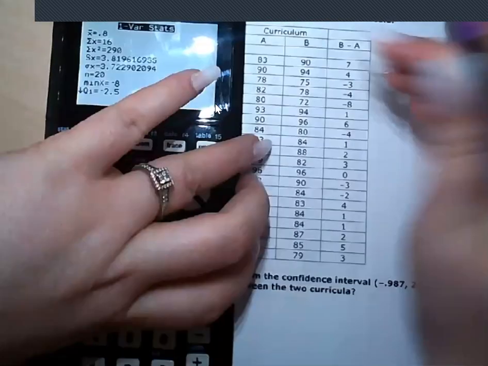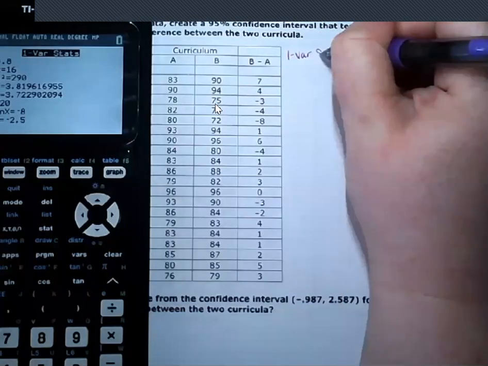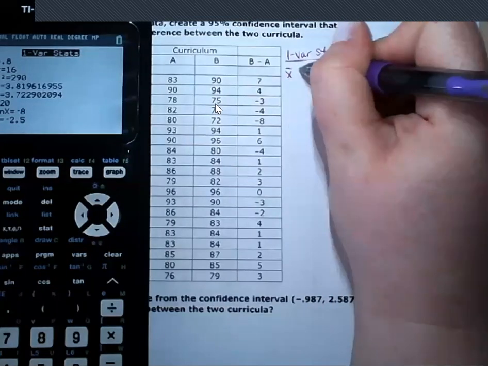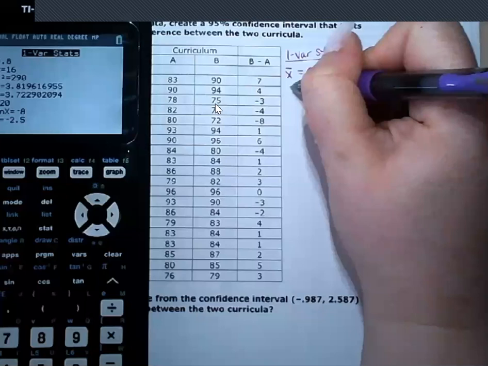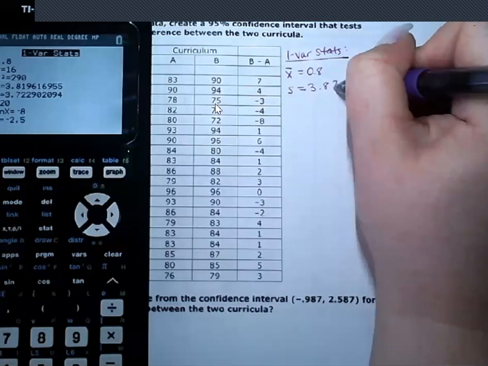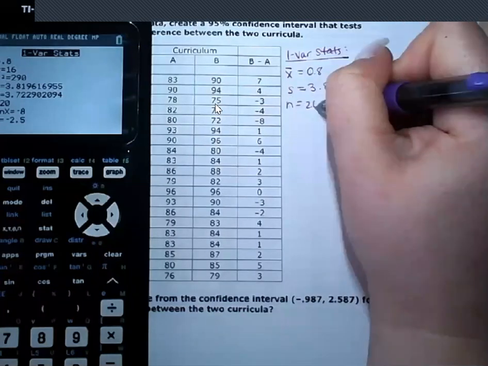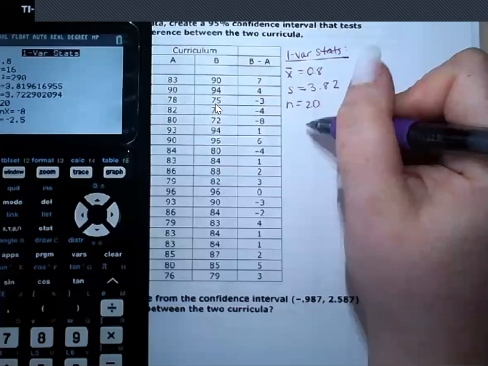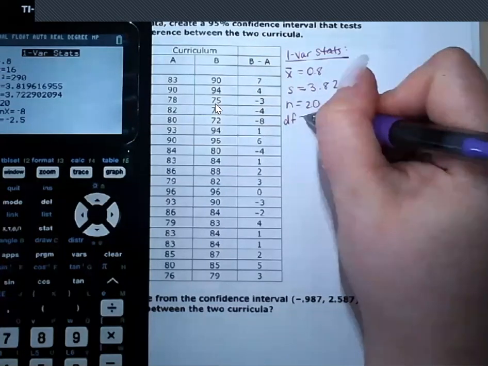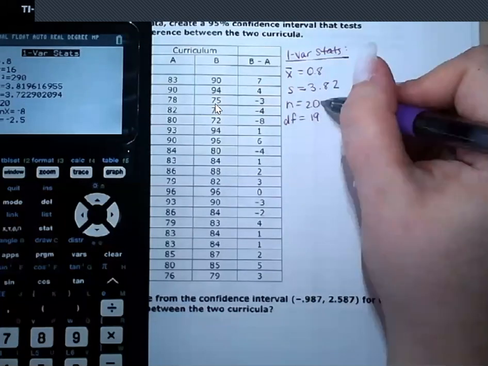So from 1 var stats, I have that X bar is 0.8, S is 3.82-ish, N, of course, is 20 students, or actually there's 40, but they're paired, so there's 20. And then degrees of freedom, that's 20 minus 1, which is 19.